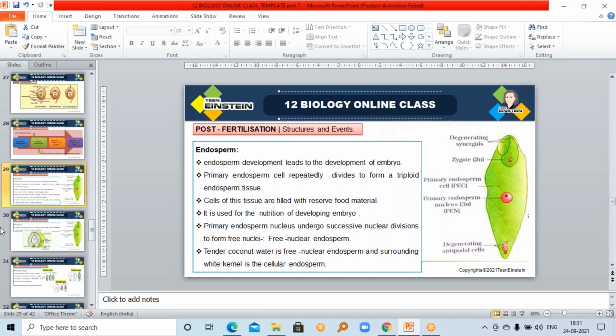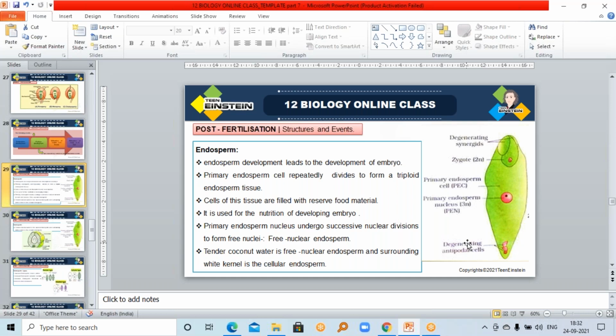Got it? So the endospermic cells show polyploidy, because I said it's a product of triple fusion. So in cereals, you can see starchy endosperm. Note down, important MCQ for NEET. Starchy endosperm you can see in cereals, and in coconut, castor and others you can see oily endosperm.